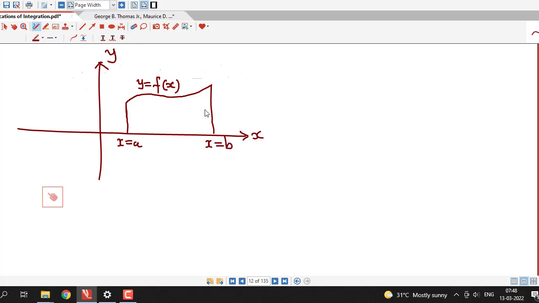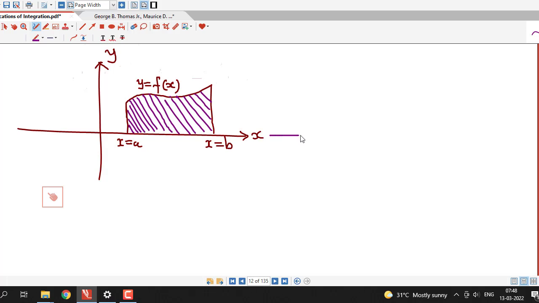So we consider the plane region bounded by the lines x equal to a, x equal to b, the graph of y equal to f(x), and the x axis.